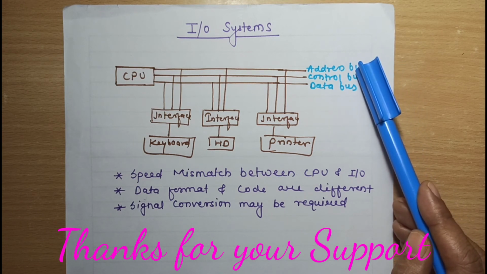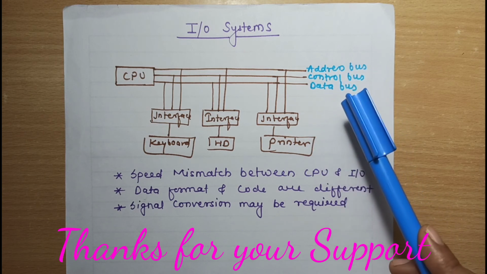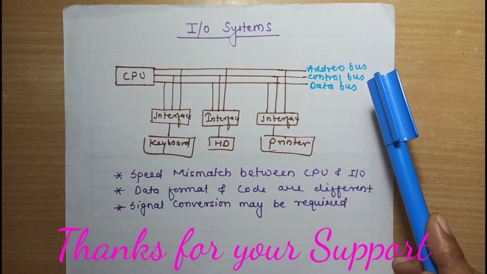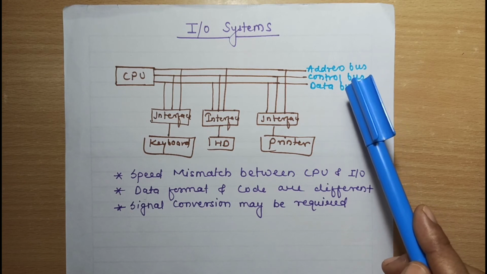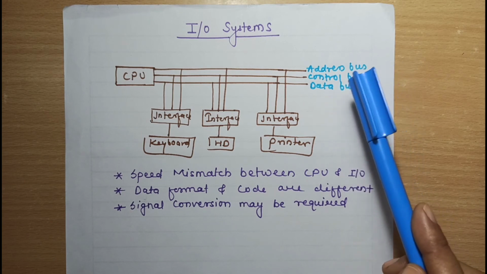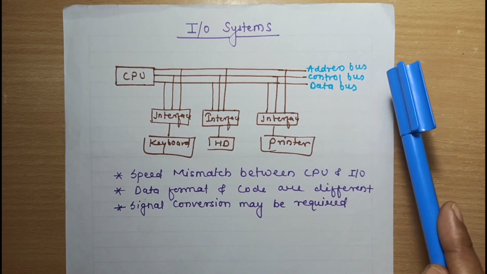Address bus is used to flow the address from where the read or write is to be done. Control bus determines what to perform, whether you want to take input or whether you want to write something.